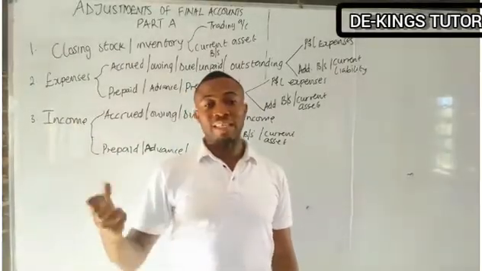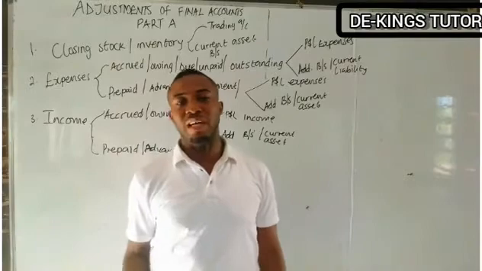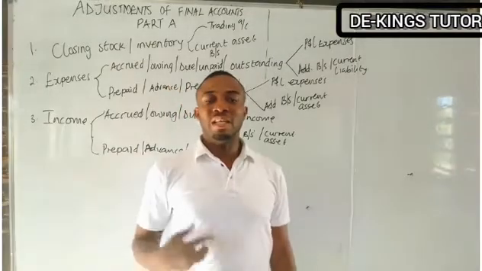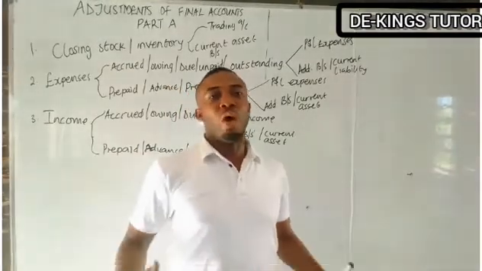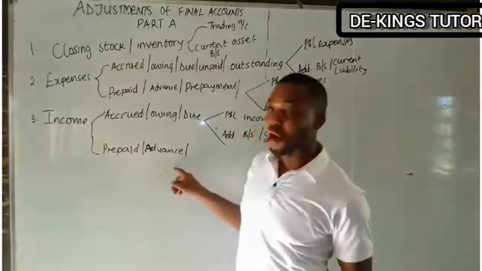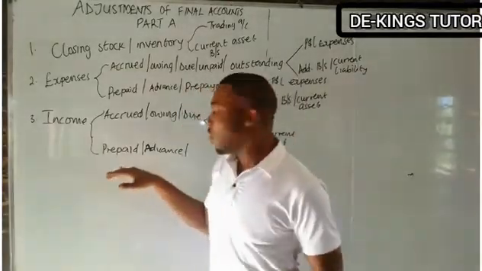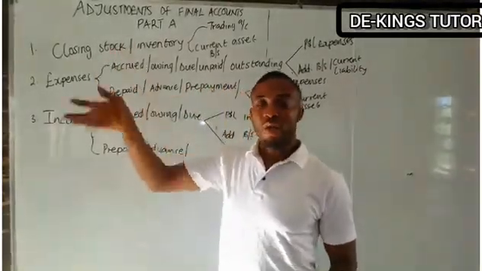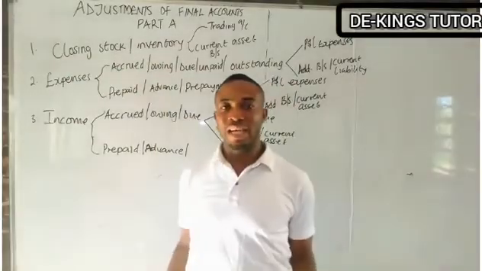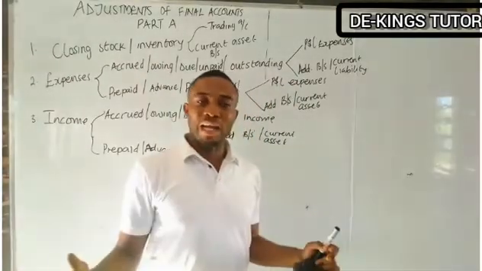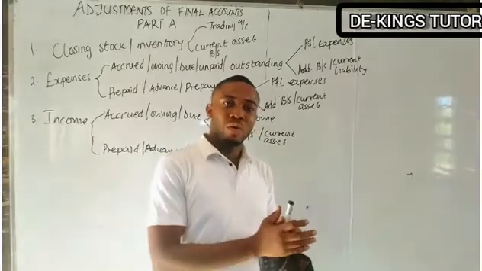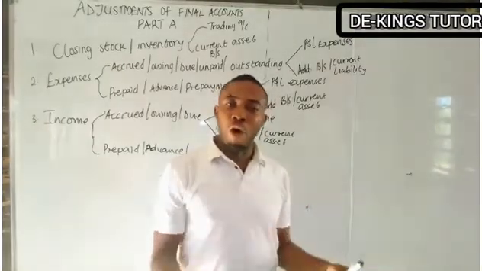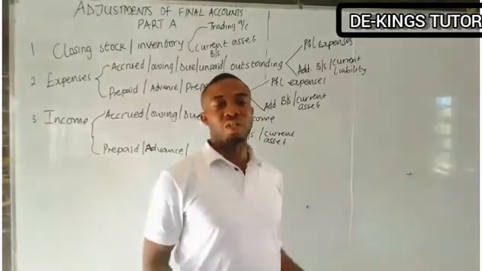That means you've not rendered the services, but you have received income for that. How do you treat this? You will see this in a question. And what do you do? Since it is prepaid income, you less the one that was prepaid from the one in the trial balance. As simple as that. Remember we said for all accrued, you add them up to the one in the trial balance. For all prepaid, you less them from the one in the trial balance.